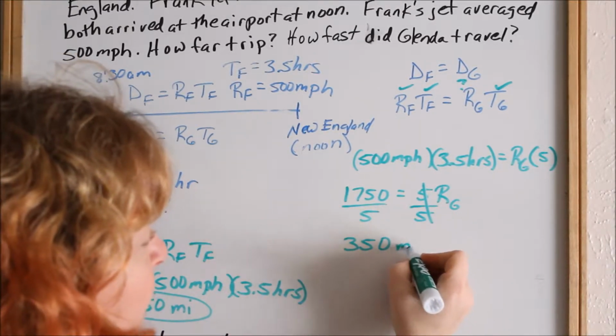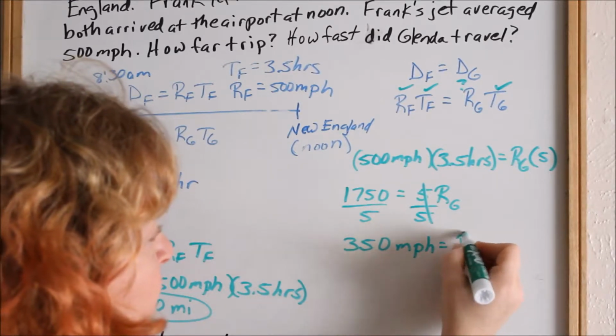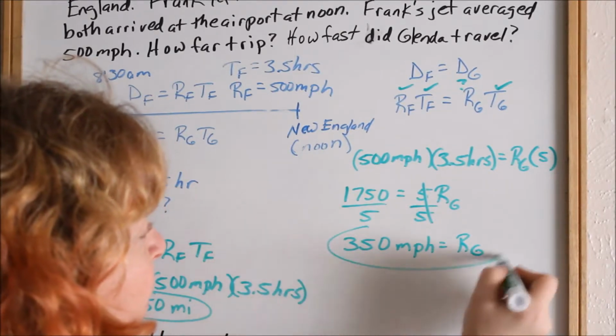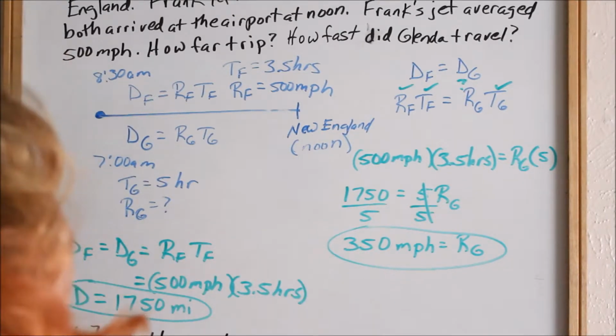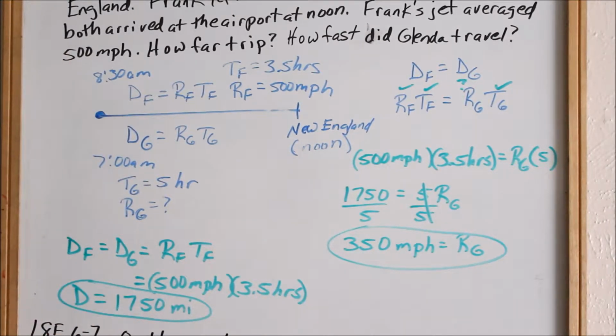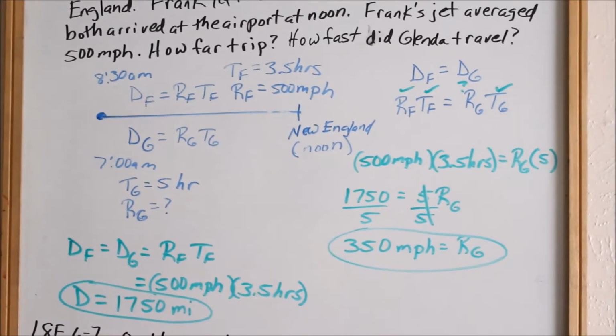The unit for a rate needs to be miles per hour. So now I know Glenda's rate on her plane was 350 miles an hour. They went the same distance, they just didn't do it in the same amount of time or the same speed. So therefore we've just solved both of the questions it was asking.